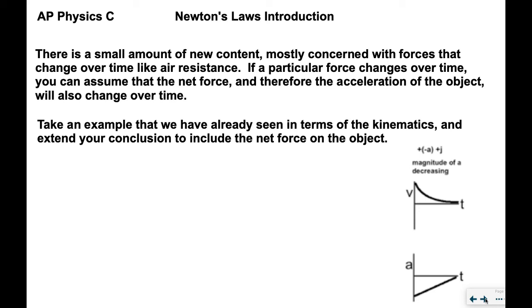Of course, this object is moving to the right and it's slowing down, but it has a positive jerk term, which means the jerk and the acceleration are in opposite directions, so the magnitude of the acceleration is actually decreasing.